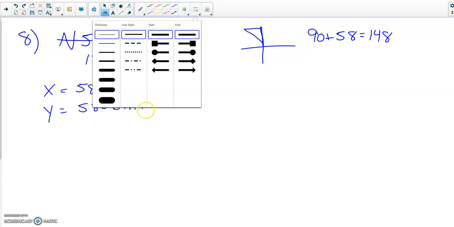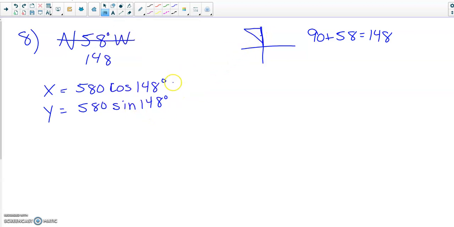Okay, so here we go. 580 cosine 148, and I get negative 491.9. And 580 sine of 148 is 307.4. Okay, so we're in x negative.